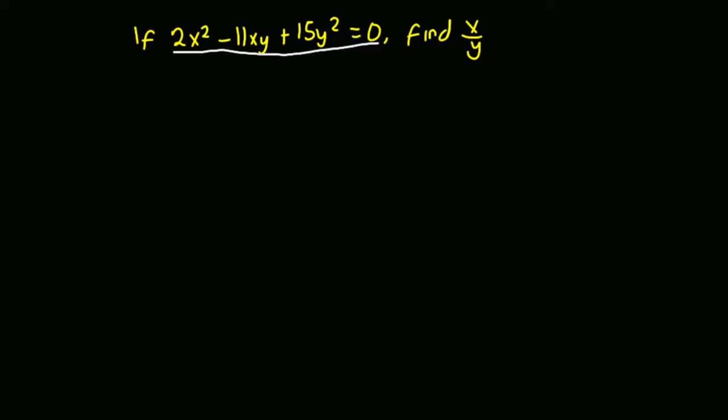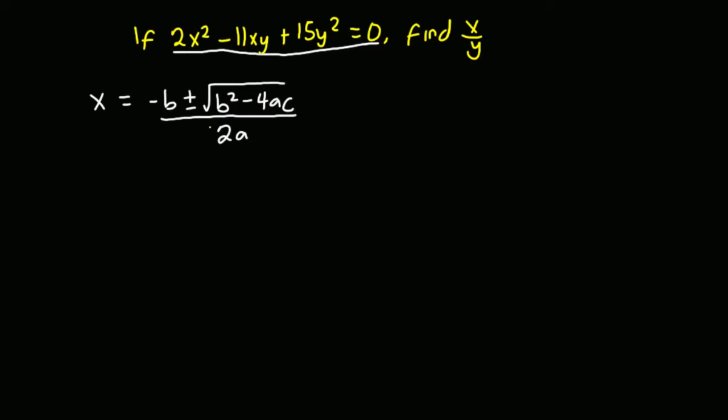The almighty formula says that if I'm looking for the values of x, it is given by x is equal to negative b plus or minus square root of b squared minus 4ac all over 2a.